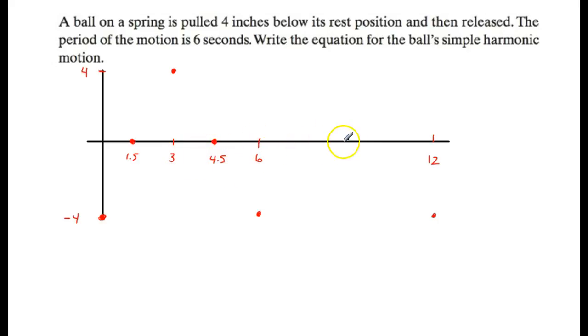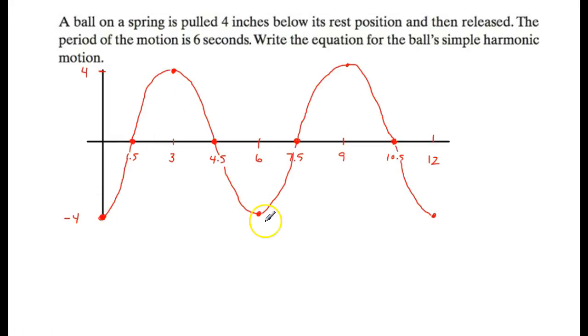So 1.5 and 1.5 would be 7.5. All right, halfway between 6 and 12 is 9. And then 10.5. Same thing's going to happen. At 9 we'll be up here again. This is the second period of it. And then at 7.5, we're on the midline, or equilibrium. And this thing's going to look like something like that.